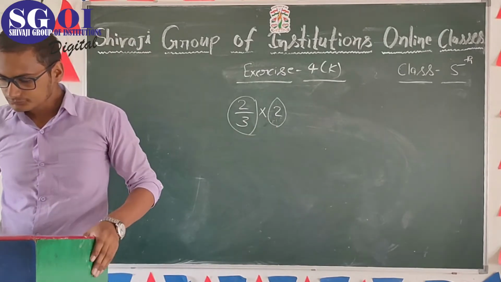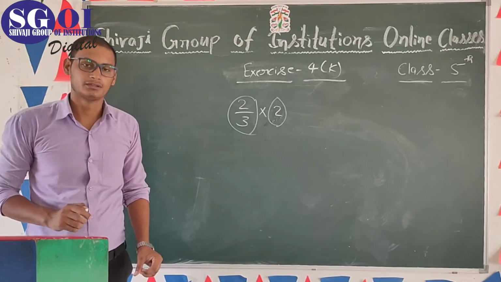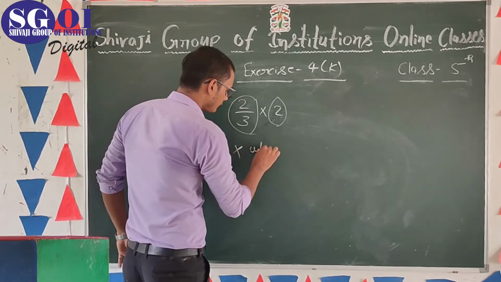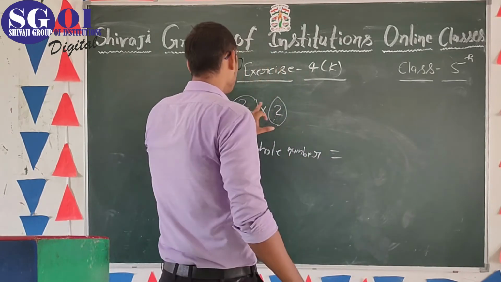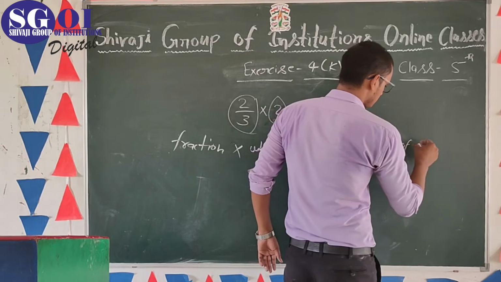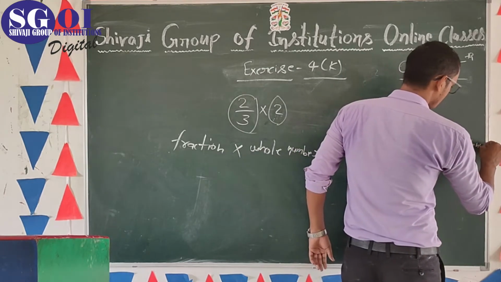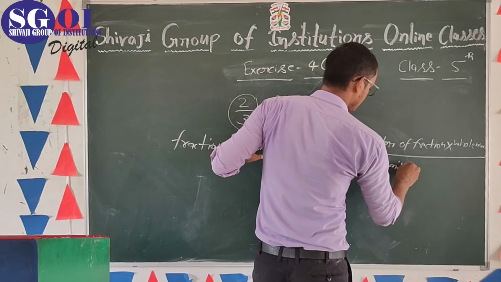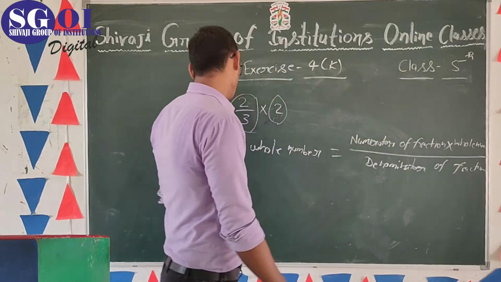So the property of multiplication of a fraction by a whole number: a fraction into a whole number is equal to the numerator of the fraction into the whole number upon the denominator of the fraction.